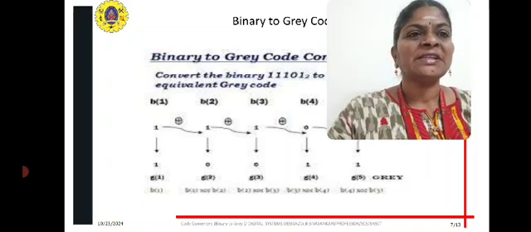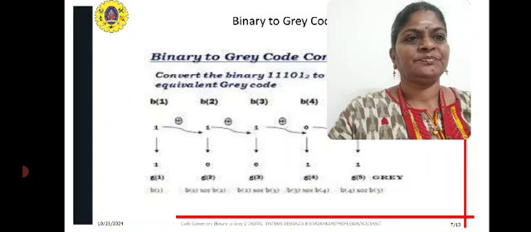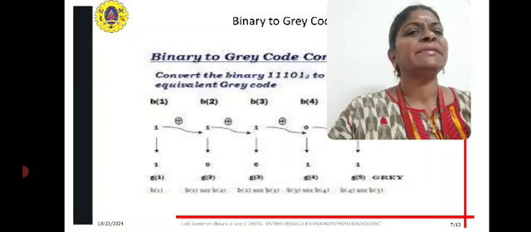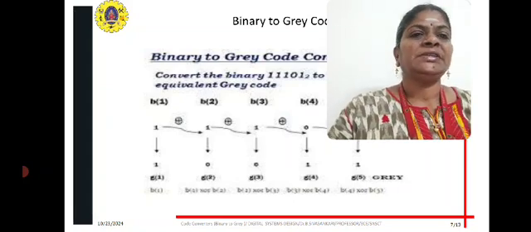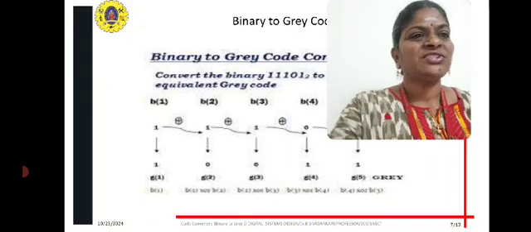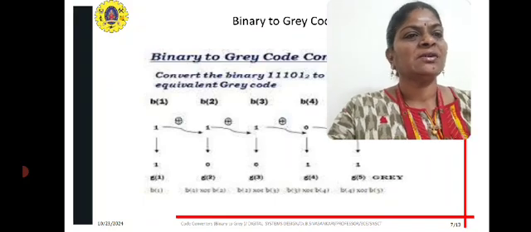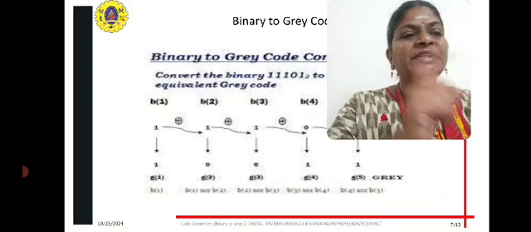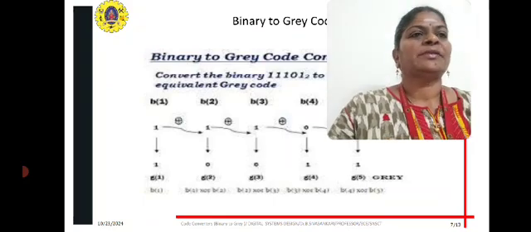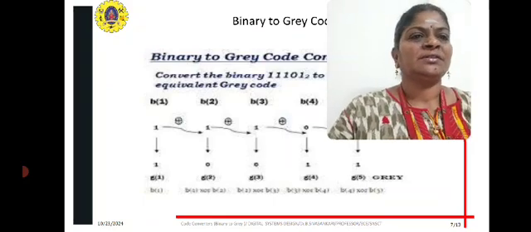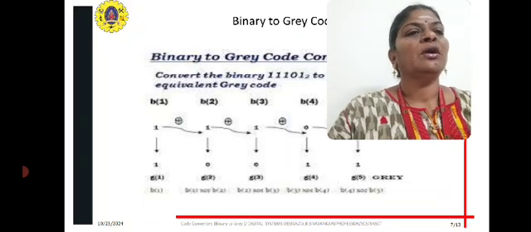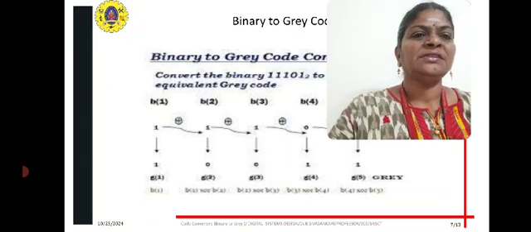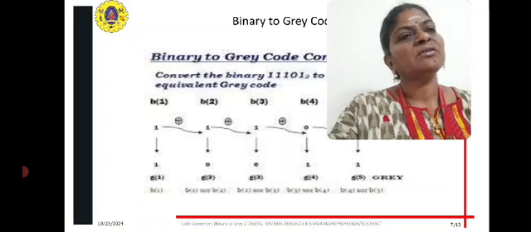Automatically your G2 will be 0. Understood? Next G3 is B2 XOR B3. What is your B2 here? 1. B3 is 1. So again you will get 0.